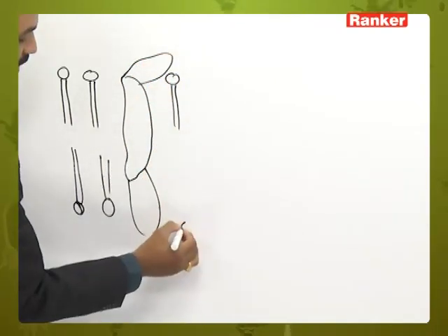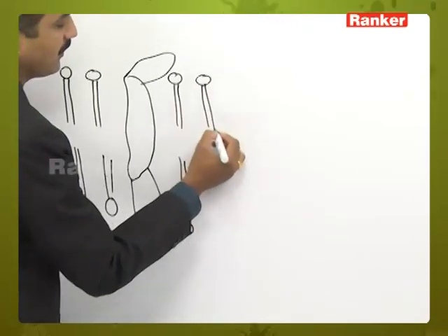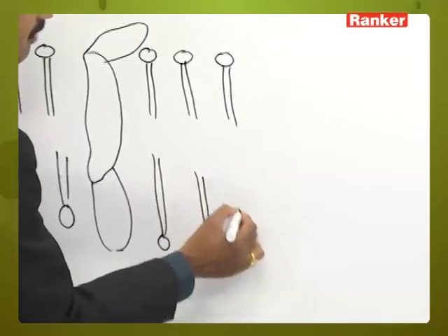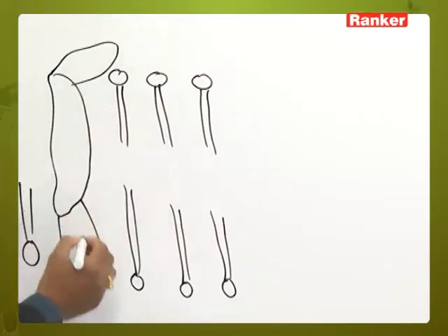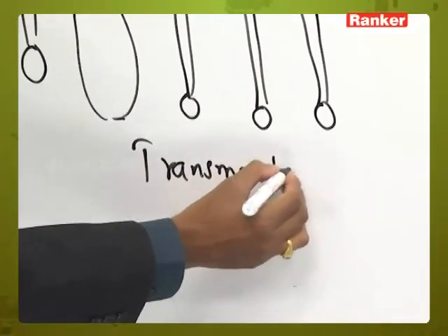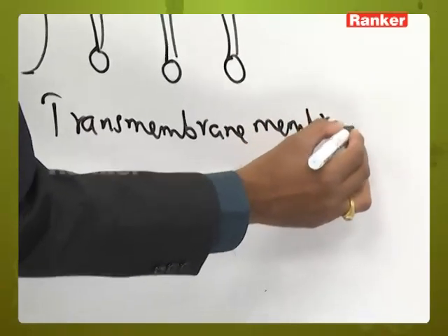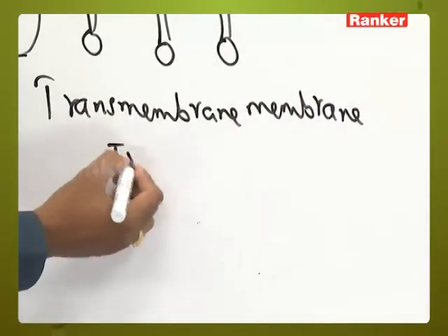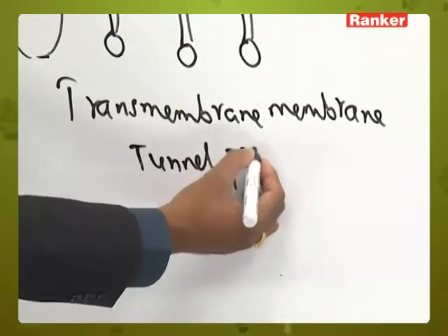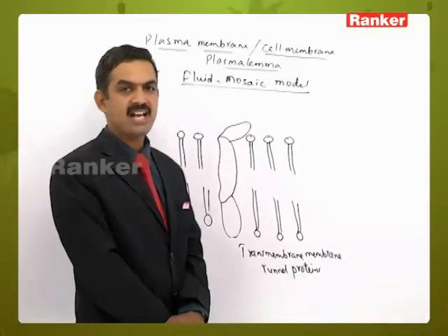These proteins, which act as channels for transportation of water, are called transmembrane proteins. These transmembrane proteins are otherwise called tunnel proteins also, because they act as tunnels for transportation of water, or we can call them water channels.